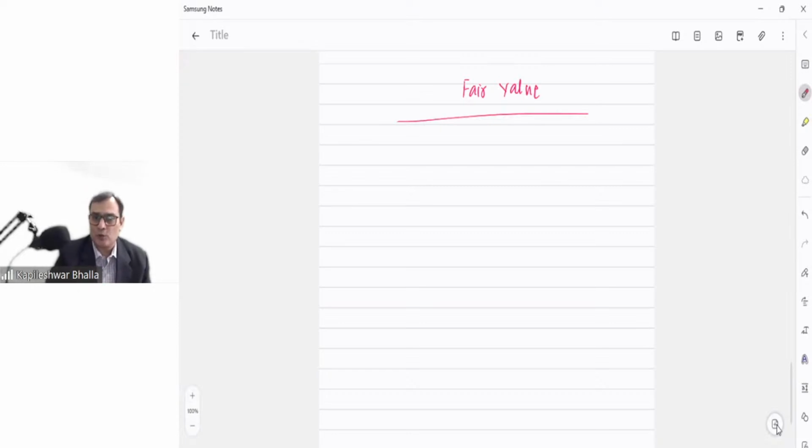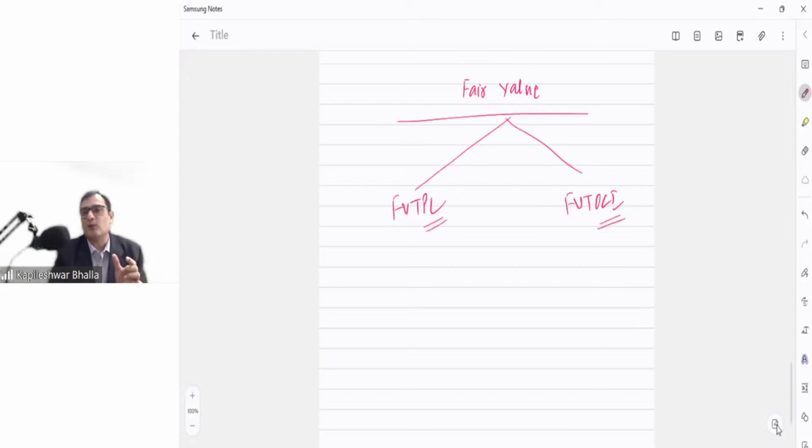They introduced two kinds of fair value approaches: one is called fair value through profit and loss, and the other is called fair value through other comprehensive income. They said that when you record the investment in the books of accounts at fair value at each balance sheet date, we will either capture the change in the fair value in the P&L, or we will capture the change in the other comprehensive income.